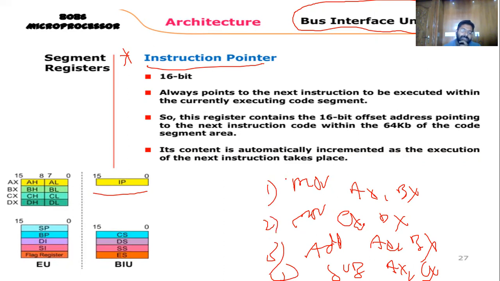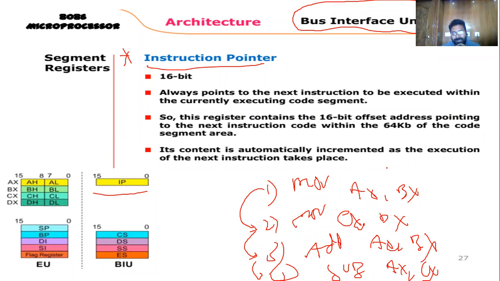First of all, remember, the microprocessor executes instructions one by one. That is called queuing instructions. Queuing means a queue line: it executes the first instruction, then the second, then the third, then the fourth. How does it move from the first instruction to the second, the second to the third, the third to the fourth?